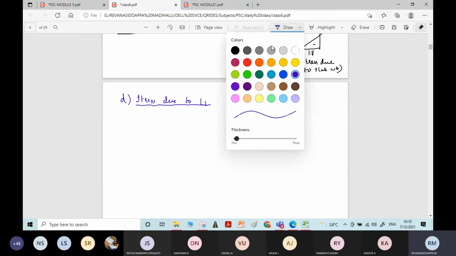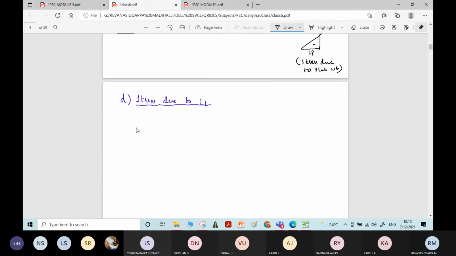Live load is acting on the T section. Write the diagram.